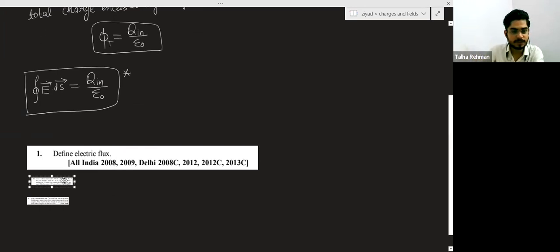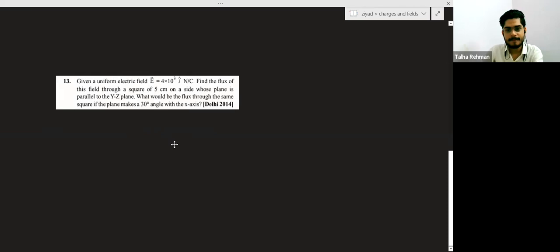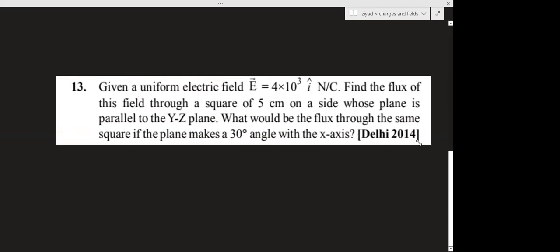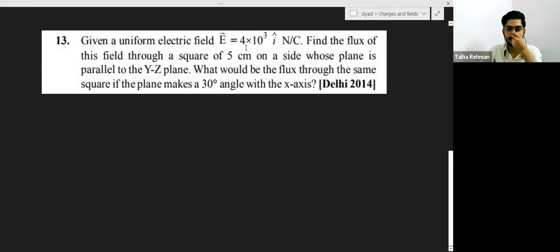So I am taking this question, which I will say is a good question. They are saying a uniform electric field is given, and we have to find the flux through a square of 5 centimeter on a side whose plane is the yz plane.